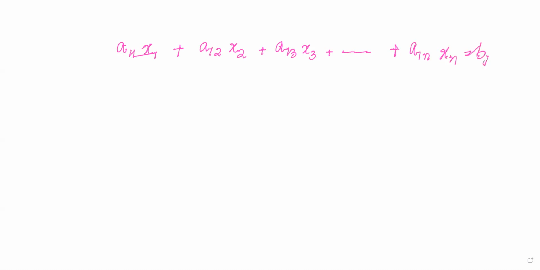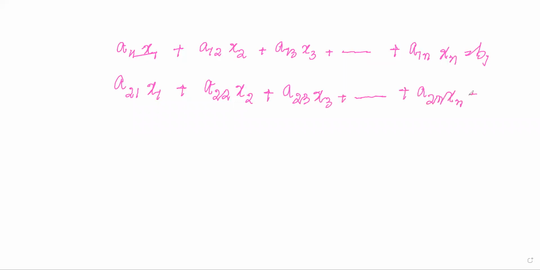Similarly, we have a21 x1 plus a22 x2 plus a23 x3 plus so on, plus a2n xn is equal to b2. So these equations keep on going, we have n number of such equations.